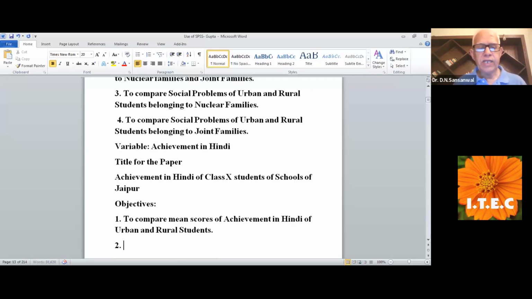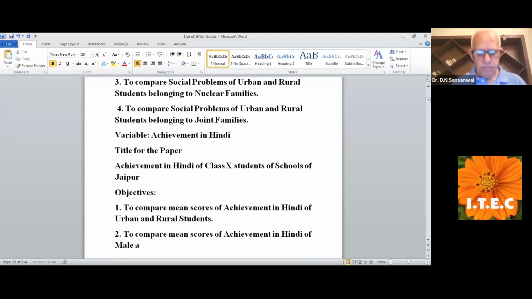Another I can say, to compare mean scores of achievement in Hindi of male and female students.